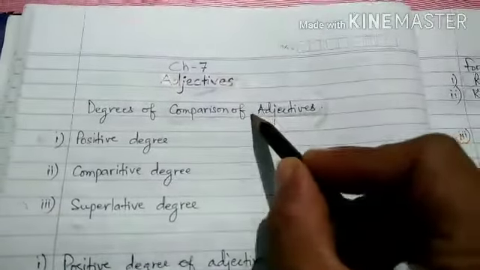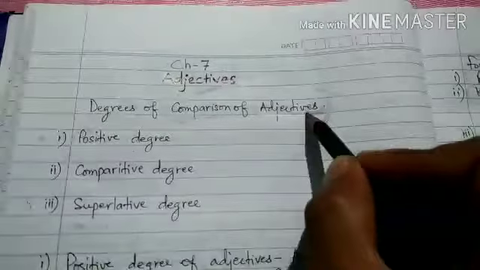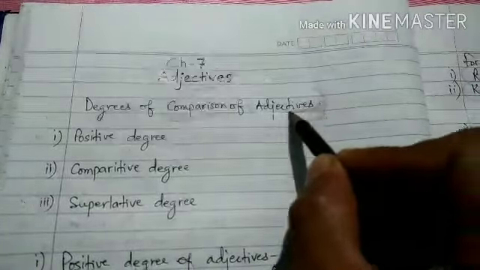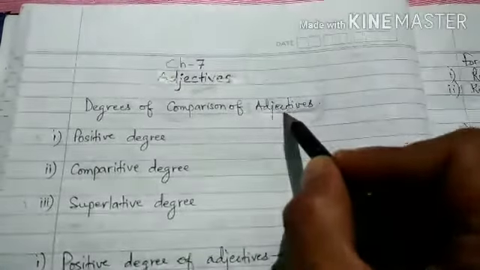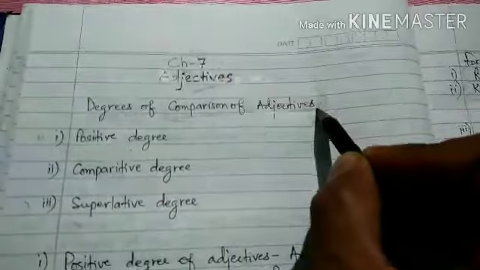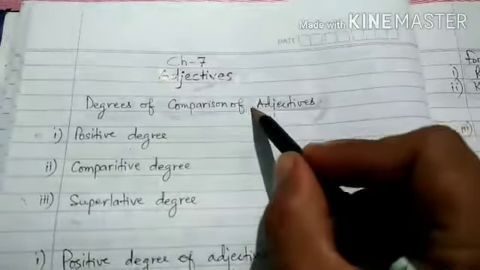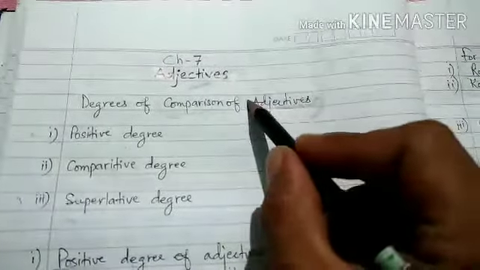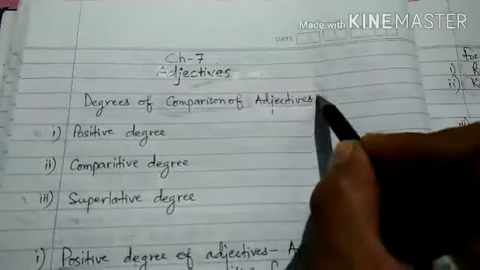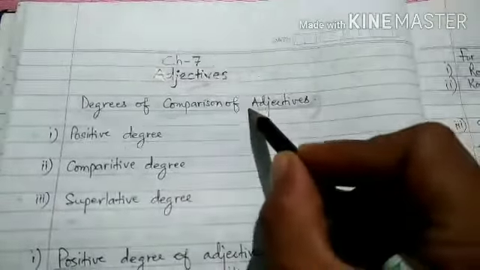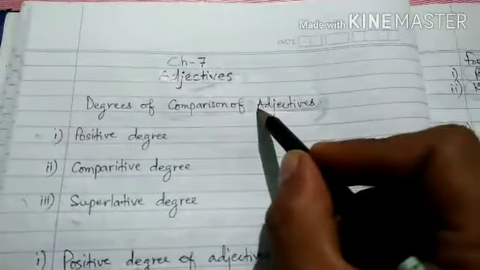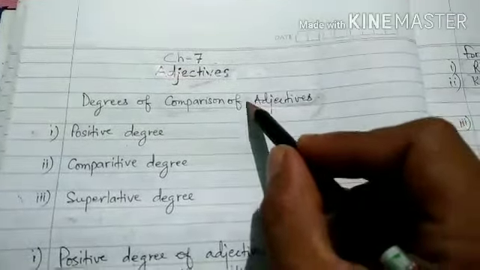So in case of comparing a noun with another noun or a pronoun with another pronoun, when we make the comparison by using their work, we use adverbs. But here we are discussing adjectives.